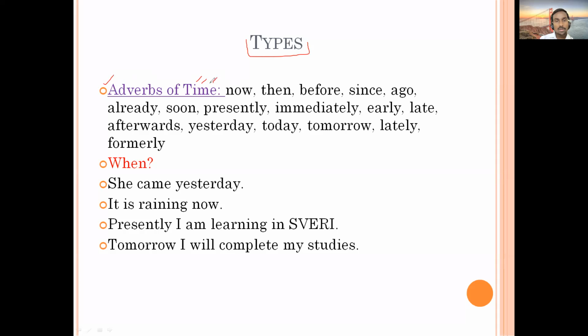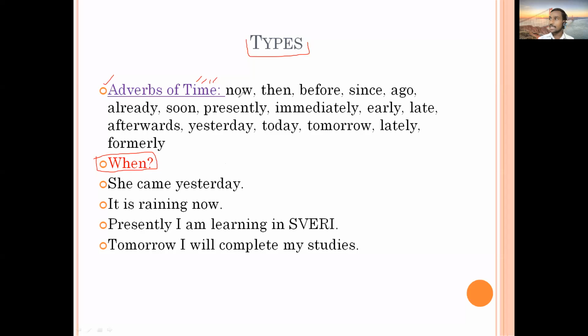When we talk about adverbs of time, they answer the question with when. If you ask the question with when, the word which answers it will be the adverb of time.